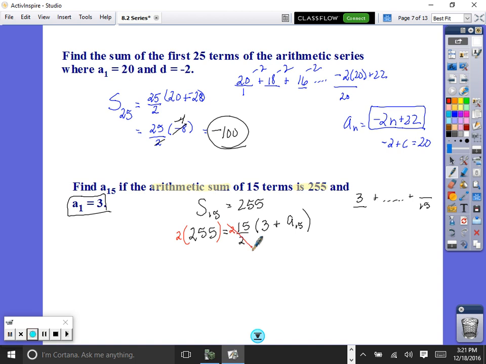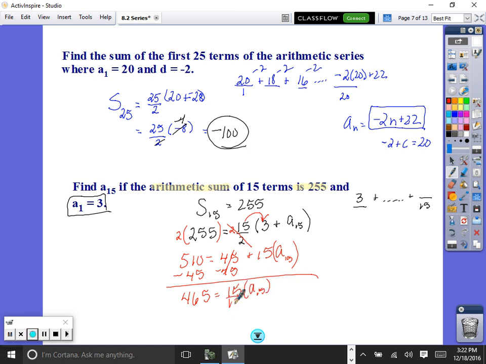So that gives me 510 equals 45 plus 15 times a sub 15. Subtract 45. 465 equals 15 times the 15th term. Divide by 15. 31 is the 15th term.